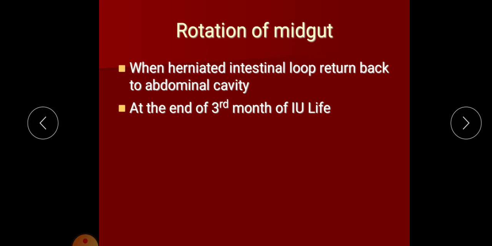Then you find a rotation of the midgut, and thereby this herniated loop will return back to the abdominal cavity. And this occurs by the end of the 3rd month of intrauterine life.